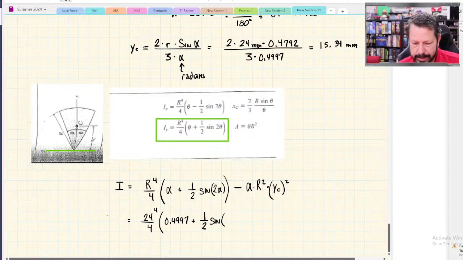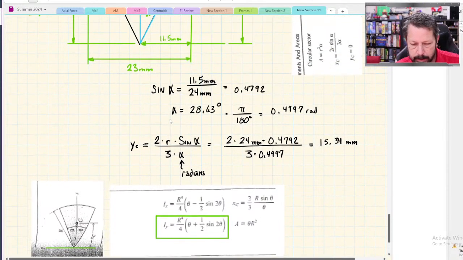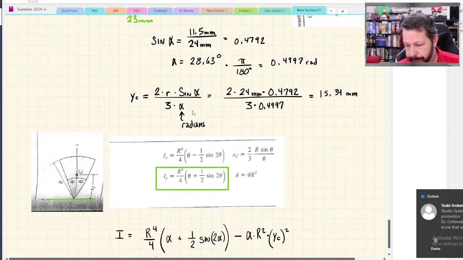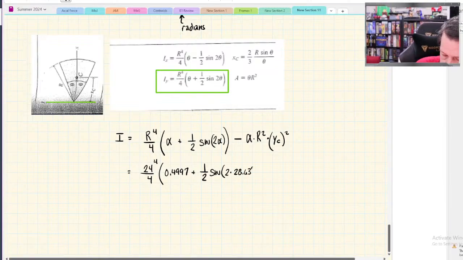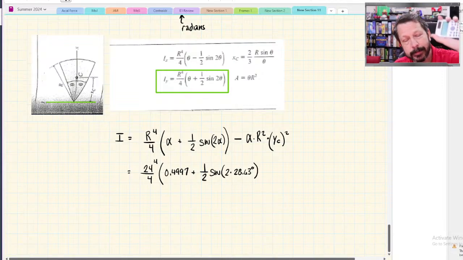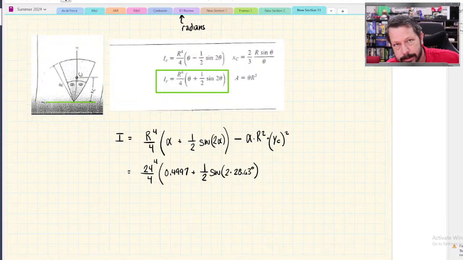Now, my calculator is currently in degree mode, so I'm going to use the degree version here, 28.63. I'm going to be sure to mark down that that's degrees, because it will matter. If you flipped your calculator over to radians to do this other stuff, you just got to make sure that when you're doing the sines and inverse sines, you're in the right mode.